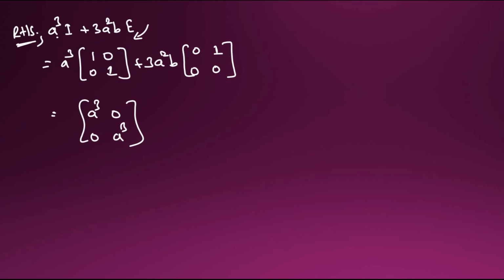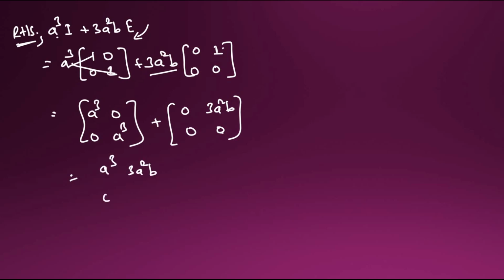If we multiply with this one we will get, and plus here 3A square into B, so 0, 3A square B, and again 0 0 will come. So if we add these two things, it will become A cube, 3A square B, and 0, A cube will come. So this is the answer of RHS, so LHS is equal to RHS.